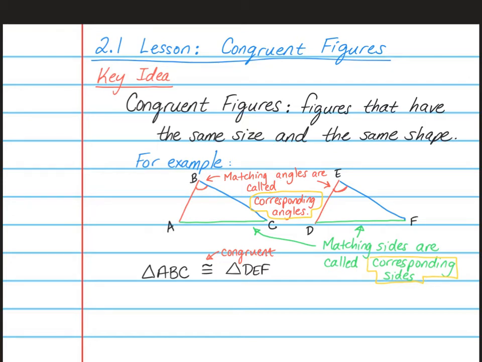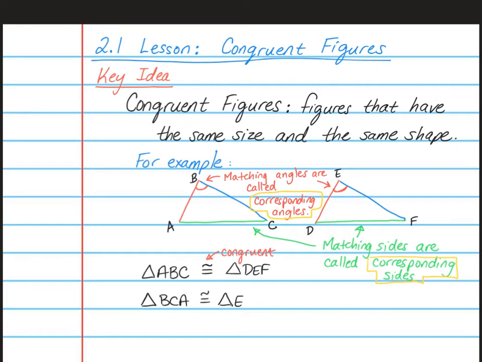So it makes a big difference. If you're writing a congruent statement and you choose triangle ABC, for example, you have to put the second one in the right order. Instead of saying triangle ABC, I could have said triangle BCA, but then I would have to look and see that the corresponding angle for B is E, so I'd start with E here.